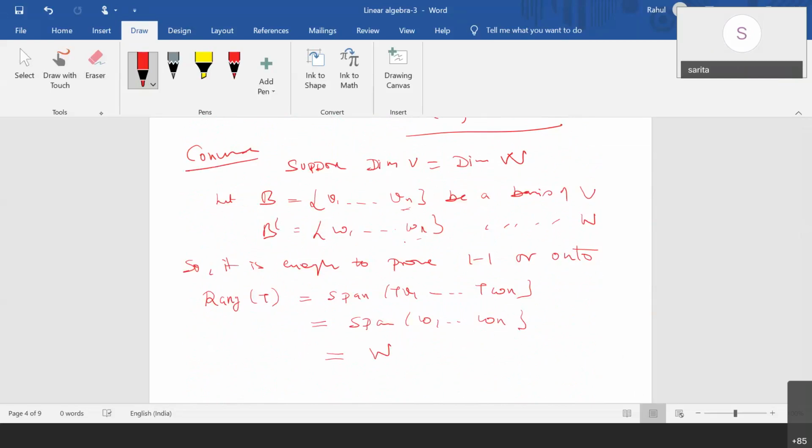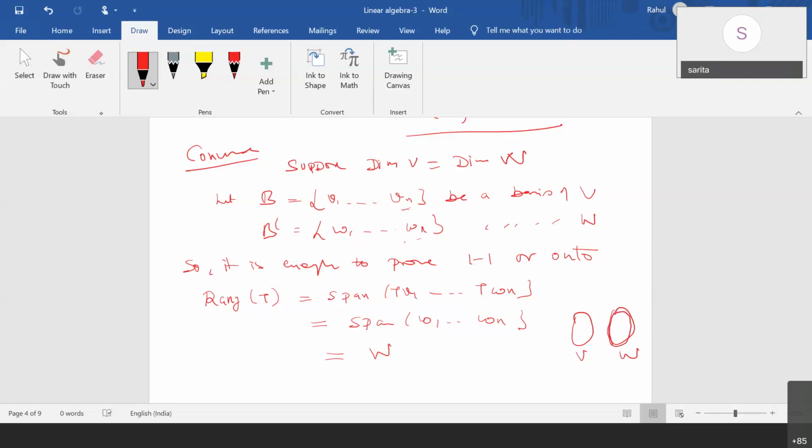Now range T is actually your W. Then tell me, how do I prove that it is onto? This is V, W is here, and your range is the entire W.